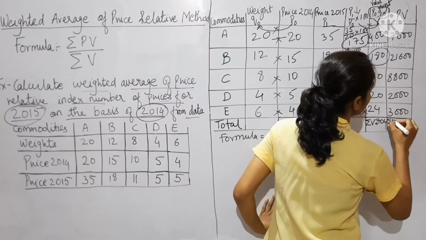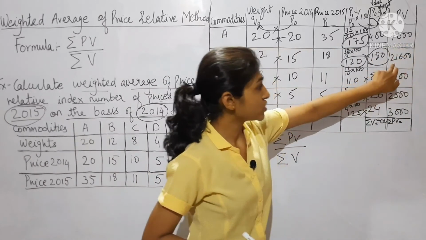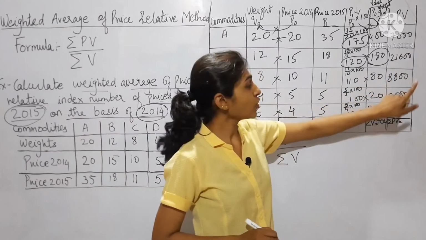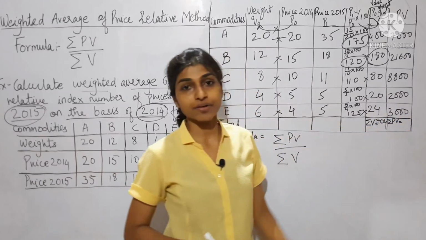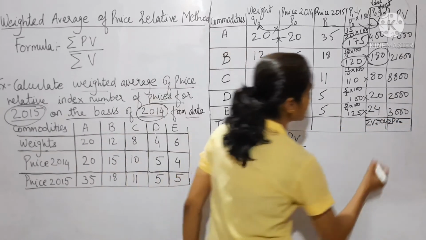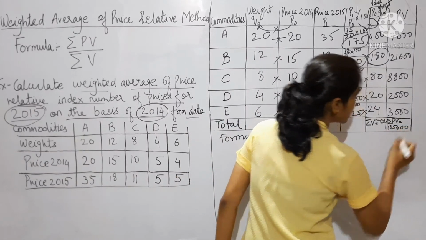Okay, next is what? Summation of PV column. So 7,000 plus 21,600 plus 8,800 plus 2,000 plus 3,000. So answer you get 105,400.